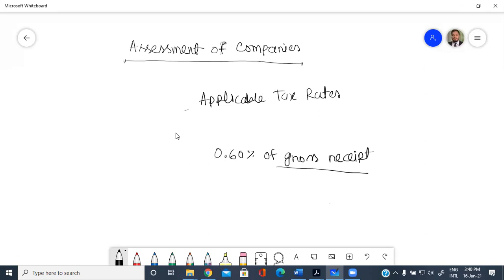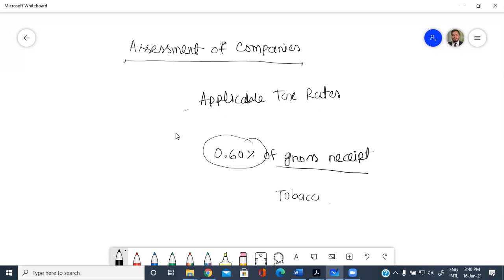So this rate is different for 2 types of companies. The minimum tax rate is higher for one type. Can you speculate which type of company this rate should be higher for? Tobacco manufacturing, telecom operator, tobacco.